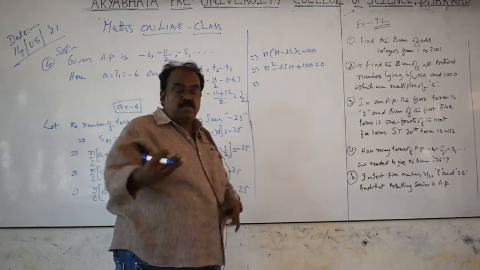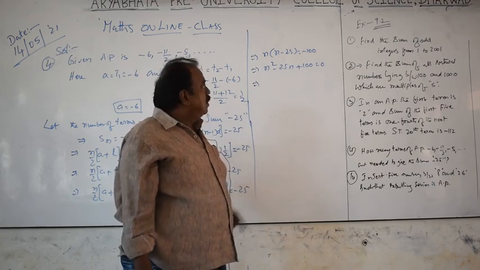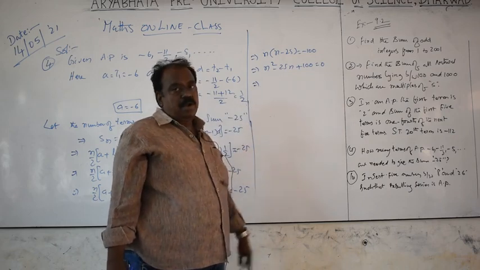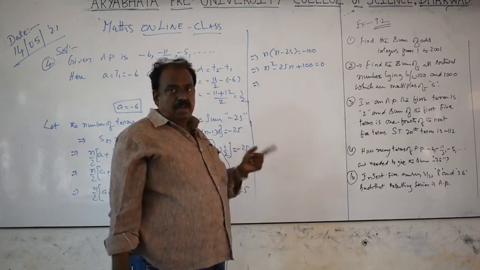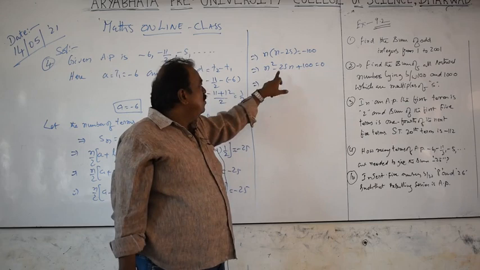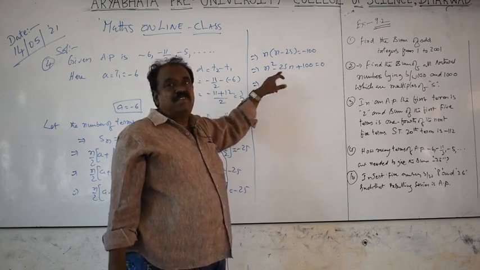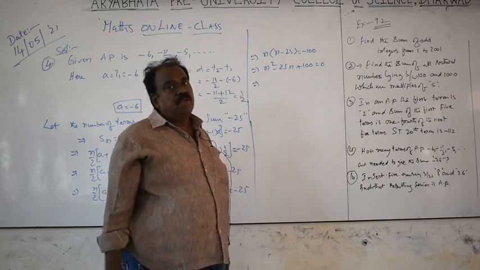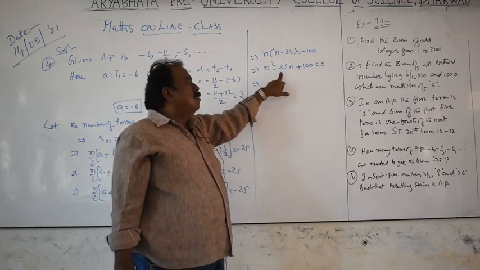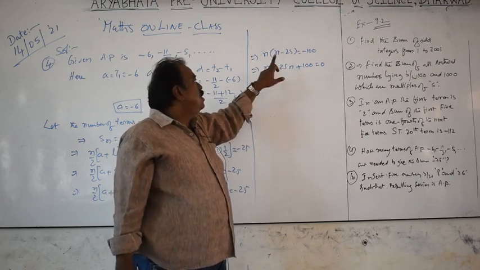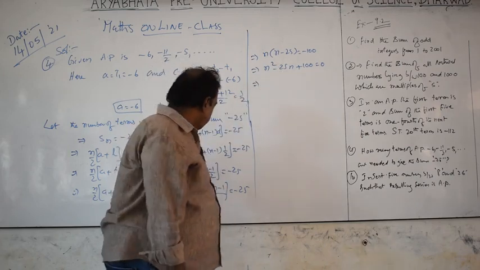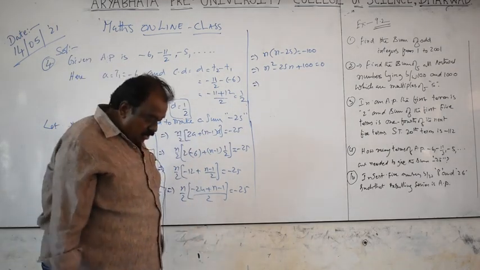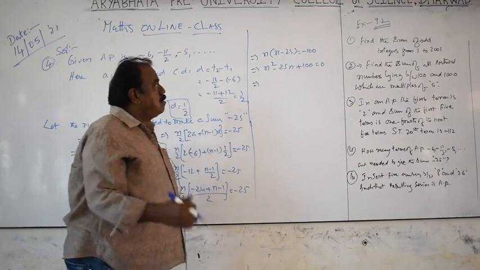How can you solve it? Like ax square plus bx plus c, it is a quadratic equation. How can you factorize? The formula method is there. For 100, you make the product of two numbers: 10 into 10, but 10 plus 10 will not give 25. Is there any factor pair? You solve it. But here it is 25 only. Will you solve it, or otherwise you apply the formula also?